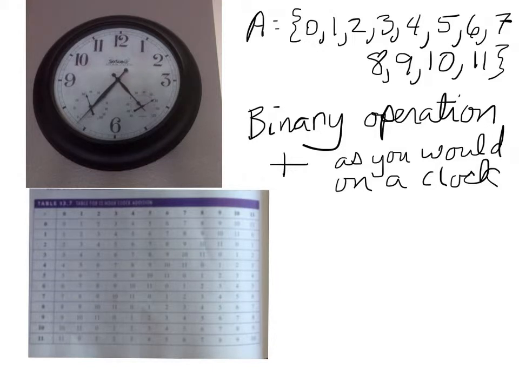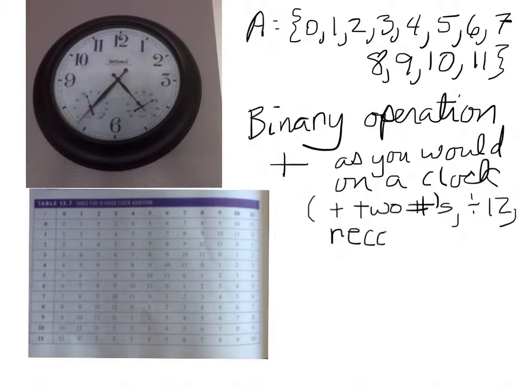In reality, this addition is really: add two numbers, divide by 12, and then record the remainder. This is very much like we have seen before in an earlier problem. So add the two numbers, divide by 12, record the remainder.